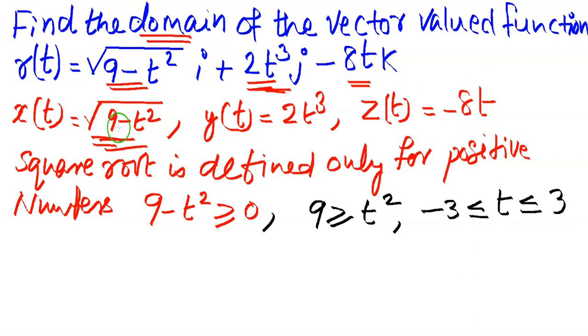x of t is equal to square root of 9 minus t square.